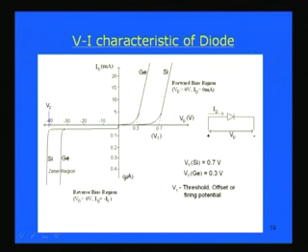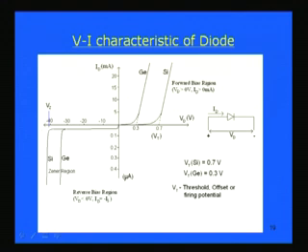This breakdown of the diode happens because, as you go on increasing the reverse bias potential, the electrons in the semiconductor get very high kinetic energy to break open from the covalent bonds and make themselves free, and this will again knock out other electrons, and this process will continue. It is like a chain process.